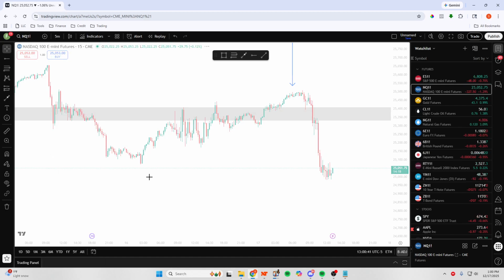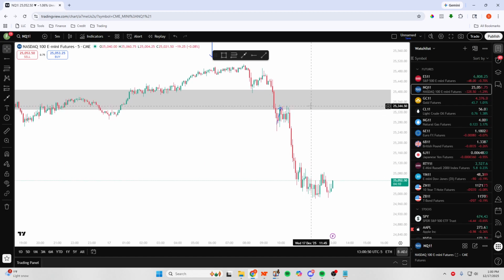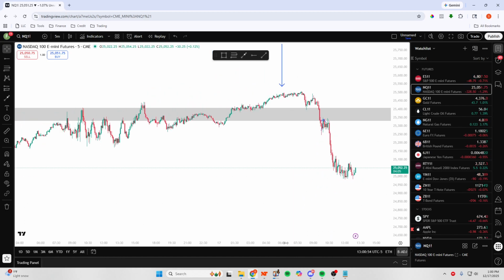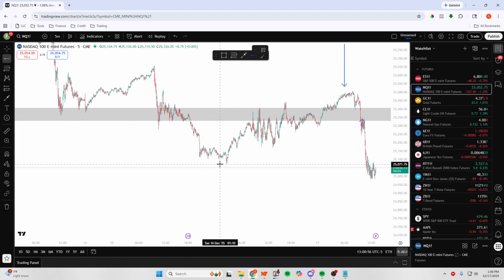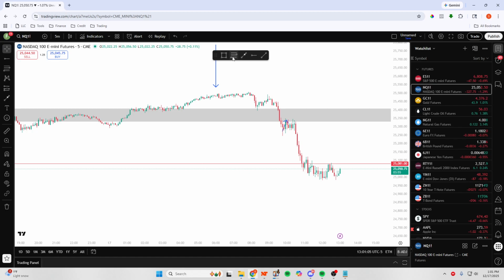And there's not much on the 15, but you can see here on the 5 minute, we begin to put in lower highs here. We get this little micro double top here, and then price begins to break out to the low here. So that is a sign that we are going to take out that low because price cannot hold above this level and it's breaking below that 4-hour retest level, which means now we have a setup.